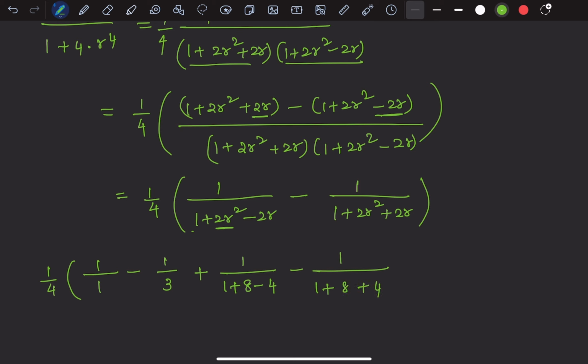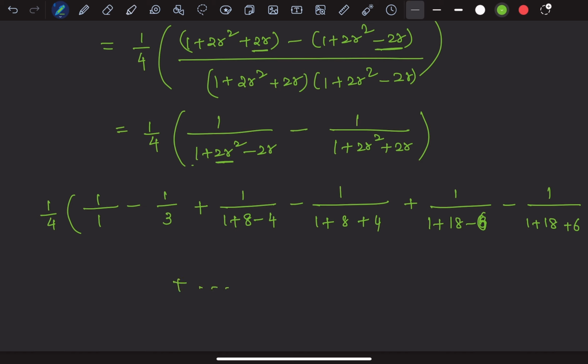When you put r is equal to 3, you will get 1 by (1 + 18 - 6) minus 1 by (1 + 18 + 6), and so on. When you put r is equal to 10, you will get 1 by (1 + 200 - 20) minus 1 by (1 + 200 + 20).